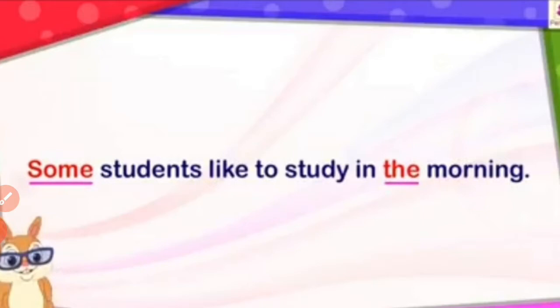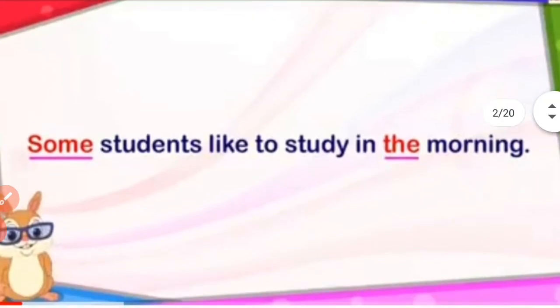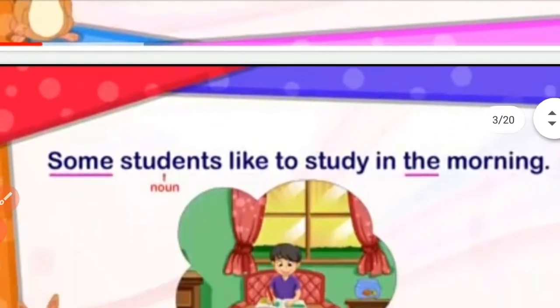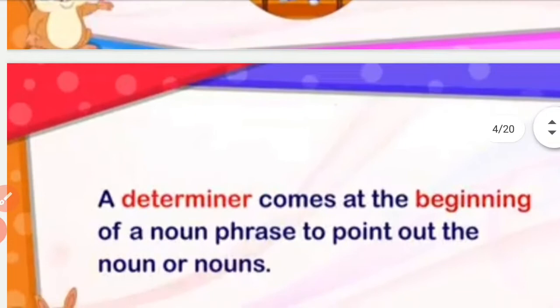On the screen you can see: some students like to study in the morning, and the two words underlined are some and the. These two words are used just before the nouns, students and morning. Now what are these two words doing? They are determining the particular noun. Okay, so determiners are the words.